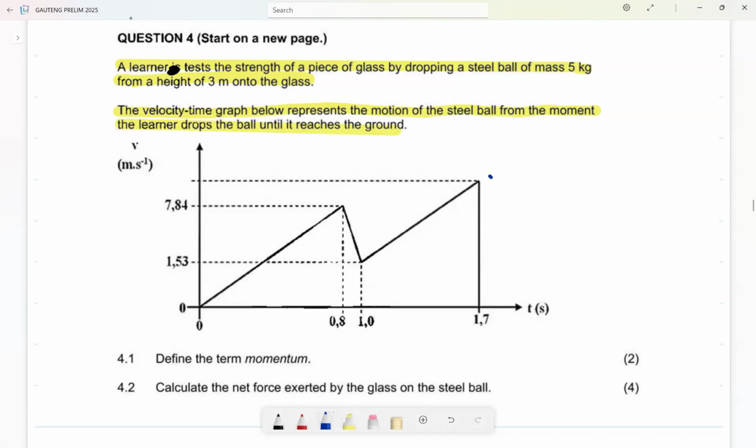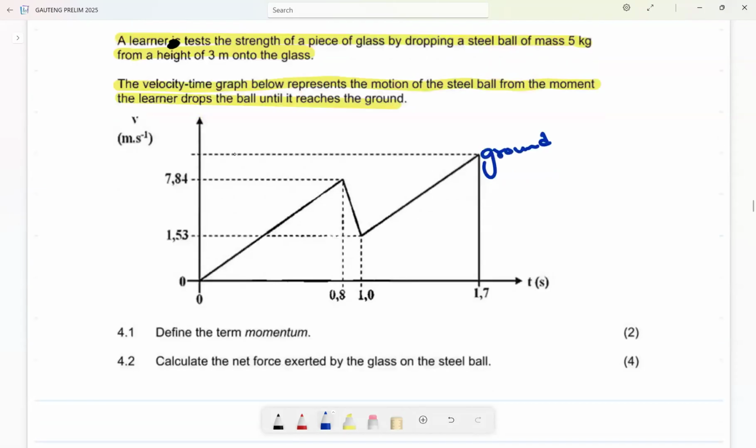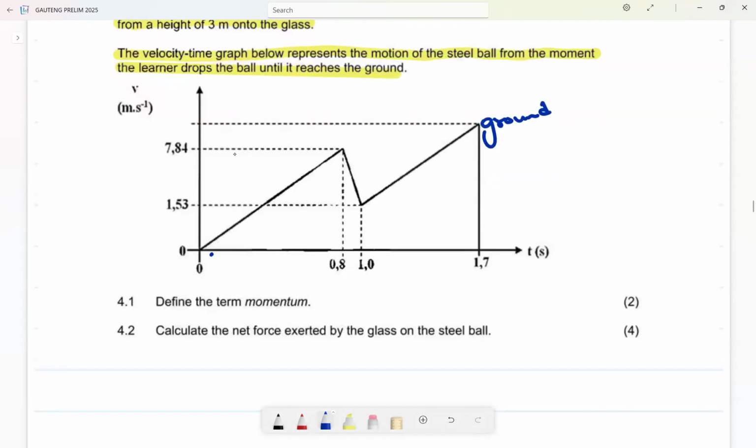So here, this is the ground. From the moment the learner drops the ball, it's like we are having a glass somewhere here, and the learner drops a ball.